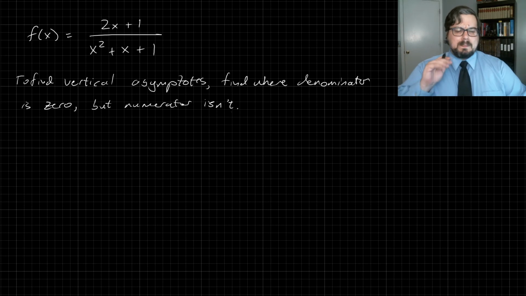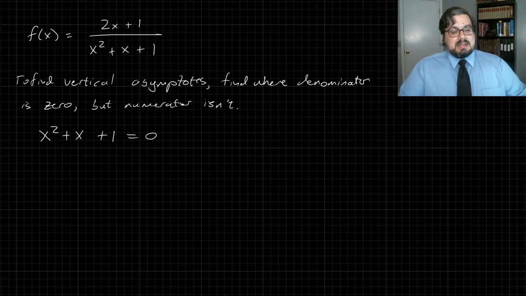Let me summarize this in a second once we finish this example. So we want to find out where the denominator x squared plus x plus 1 equals 0. As I said, we can't factor this. This doesn't factor by our normal techniques, so we'll use the quadratic formula.